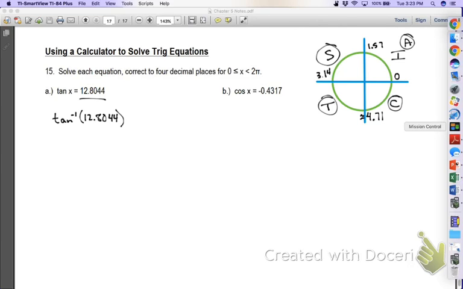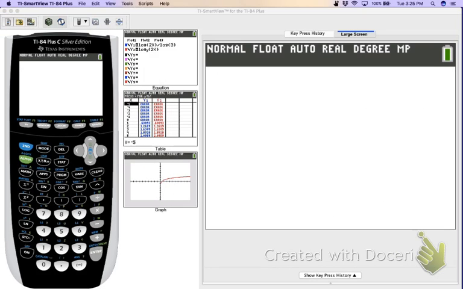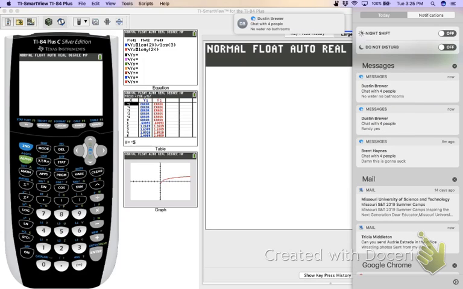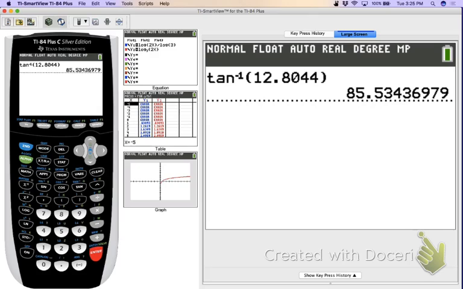So if I switch over to my calculator, then I have inverse tangent of 12.8044. Hit enter, and I get 80.